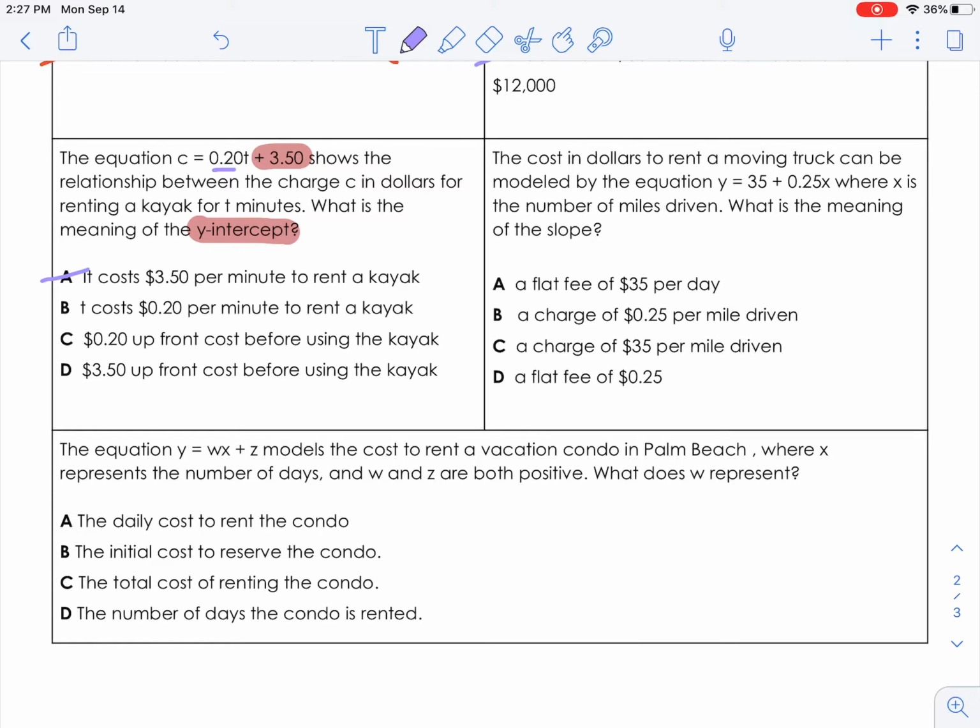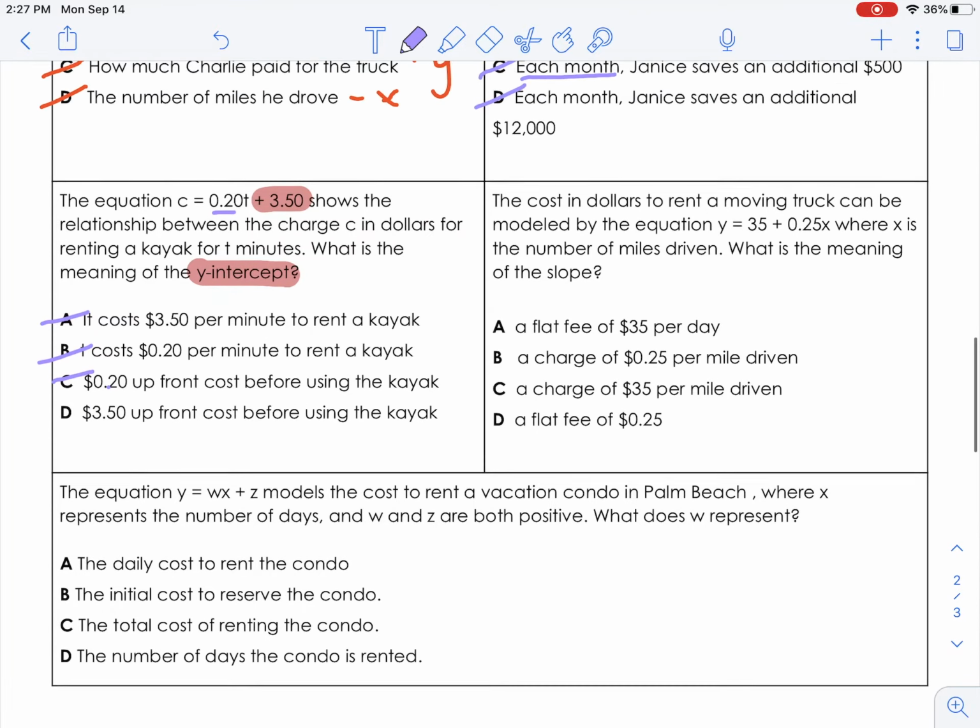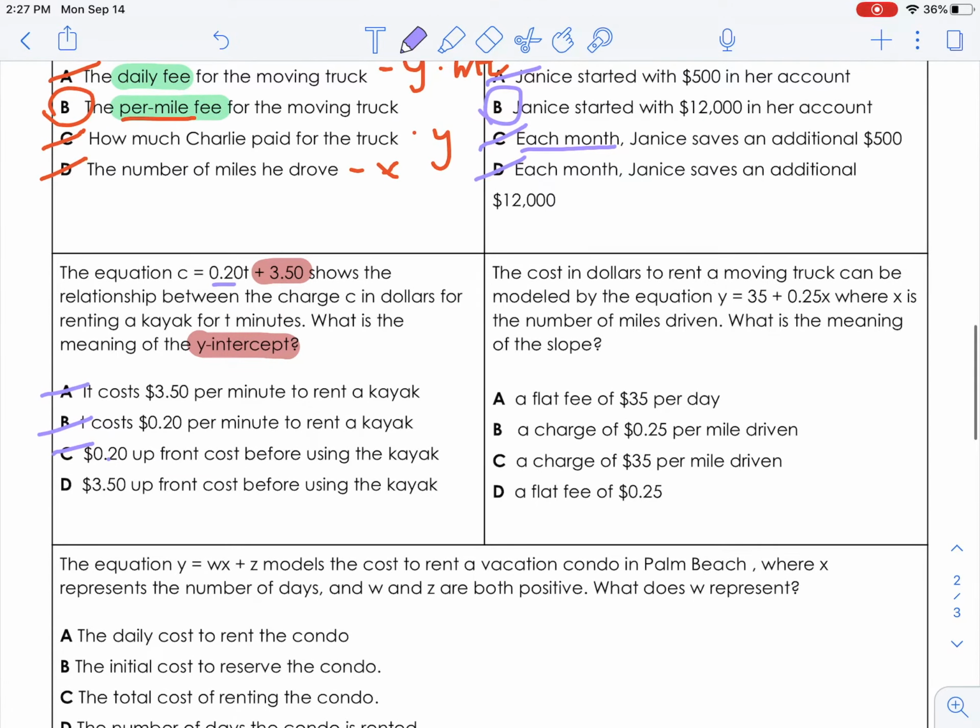It only costs 20 cents a minute for the kayak, so that's incorrect. B is also incorrect because that's talking about the slope. The 20 cents is our slope, and the $3.50 upfront cost before using the kayak, that would be your Y-intercept. That would be that initial fee that you have to pay.